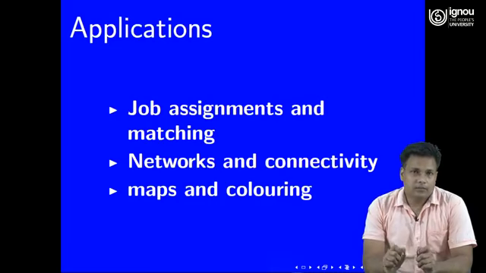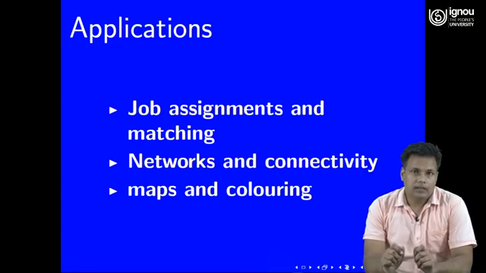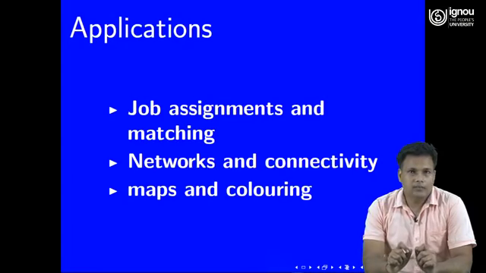Let me first define what we mean by a map coloring. Suppose every state represents some region, and every state has a well-defined boundary. Any 2 states that share a boundary must get different colors.